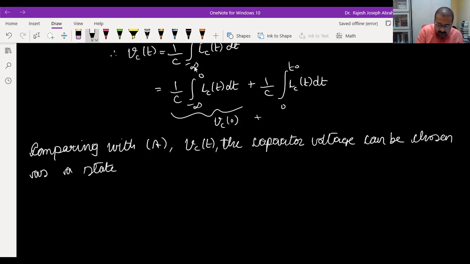In a network having a capacitor, we normally choose capacitor voltage as one of the state variables. That's the reason. Okay, now inductor.